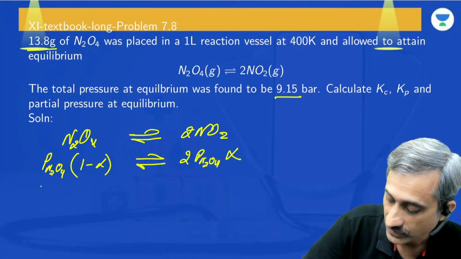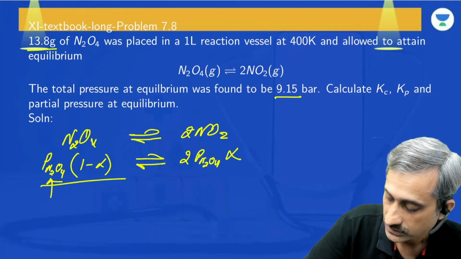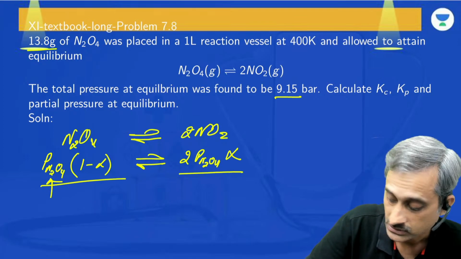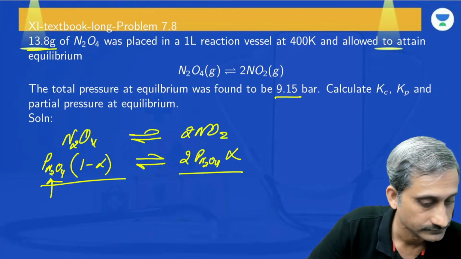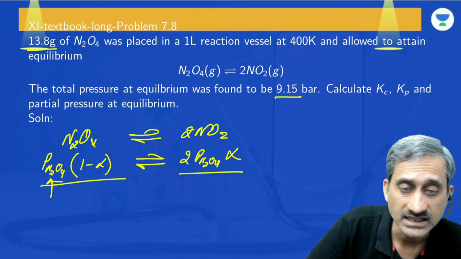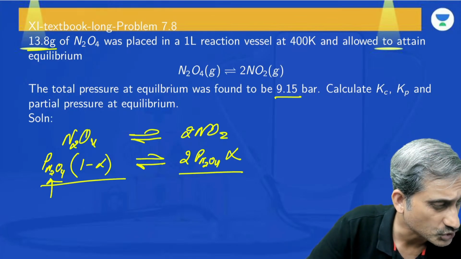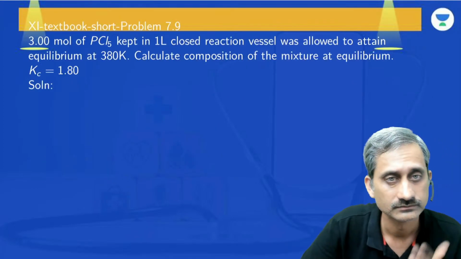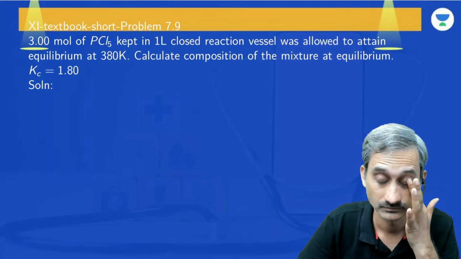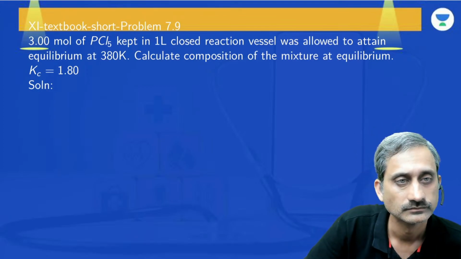If you have found this initial partial pressure, then you can find this total pressure, and you will be able to find the alpha here. Is this clear? Will you be able to do it? And this is a solved question in NCERT. A simple question, isn't it?